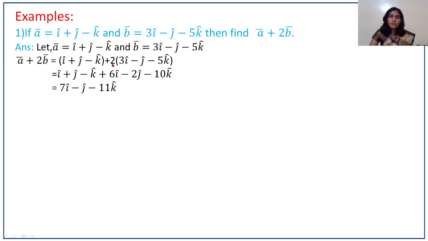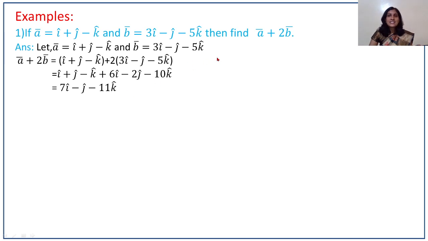Firstly, we multiply this b bar by 2. We will get 6i cap minus 2j cap plus 10k cap. If we make addition or subtraction according to their signs, i cap plus 6i cap is 7i cap, j cap minus 2j cap is minus j cap, and minus k cap minus 10k cap is equal to minus 11k cap.